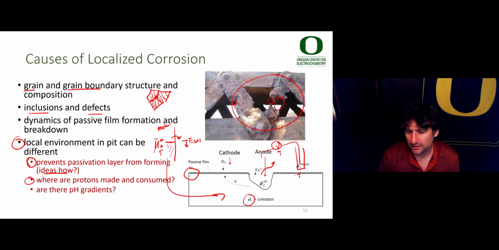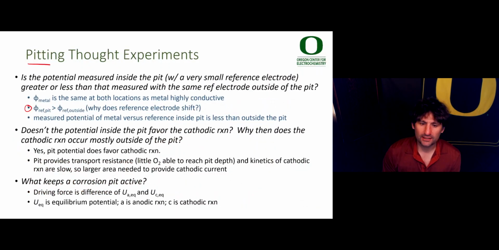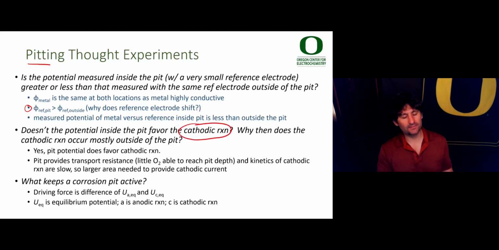What's interesting here is that in the pit, the flow of current, this external potential gradient, actually makes it more likely to favor the cathodic reaction in the pit. But we just talked about how it's the anodic reaction that tends to happen in the pit. Why then does the cathodic reaction occur mostly outside the pit?